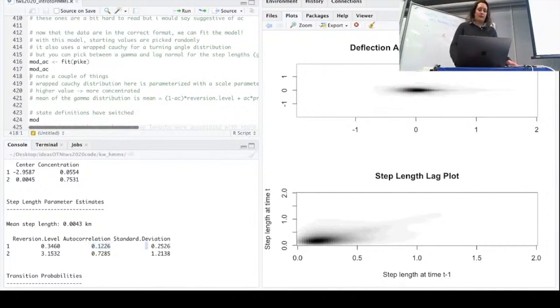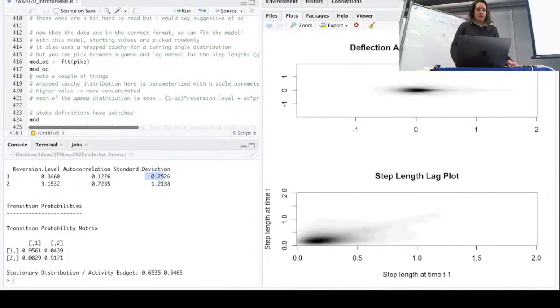And then you have your standard deviation. Then you have a transition probability matrix as well. Just like with moveHMM, we have these higher values on the diagonals. In this case, we actually always estimate the stationary distribution. So we have a 0.65 probability of being in state 1 and 0.34 probability of being in state 2.